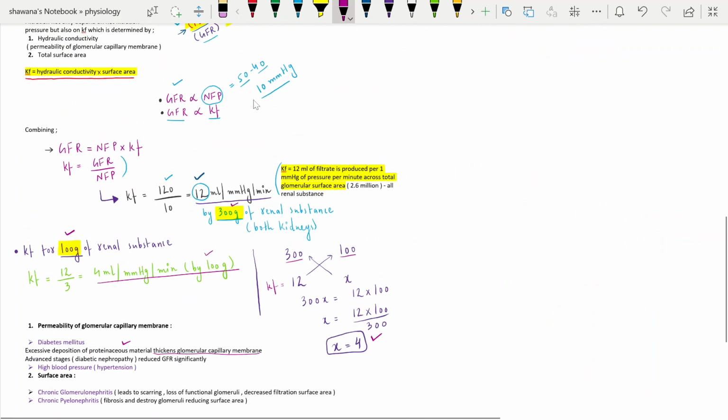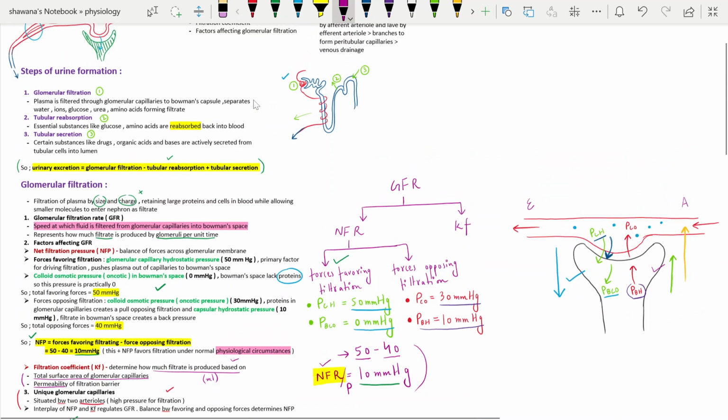I know that this all was very confusing in your head, so let's revise a little bit. First of all, the GFR. GFR means the speed at which the fluid is filtered, and it depends on two things. First is the net filtration pressure, and second is the filtration coefficient.